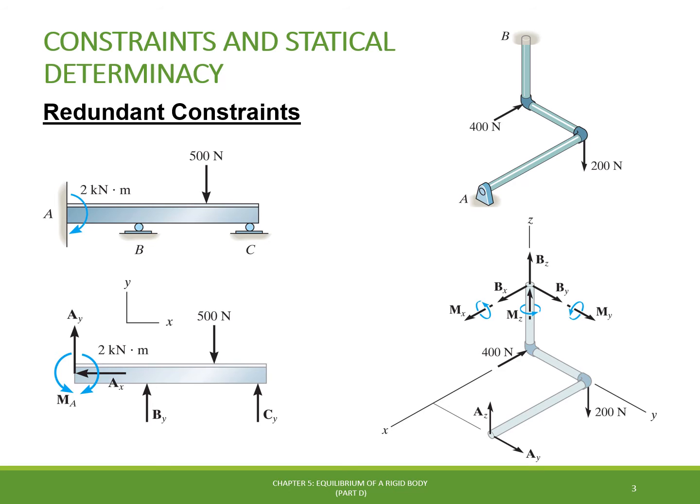If we look carefully at those 2 examples, in fact, only the fixed support at A for the beam and the fixed support at B for the pipeline would be necessary to ensure the full equilibrium of those structures, if we're not considering any deformation in the body. All the other supports are redundant.